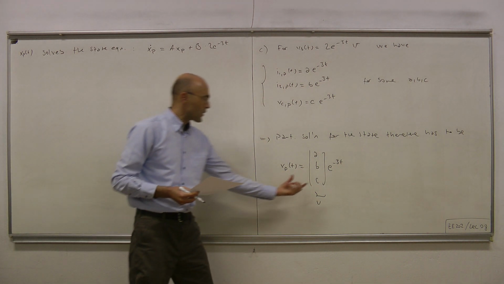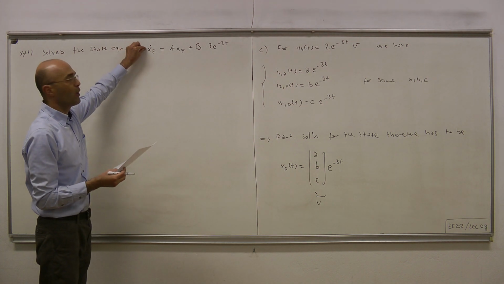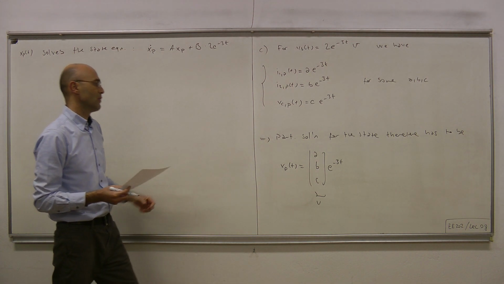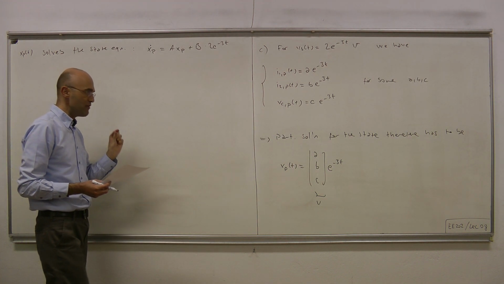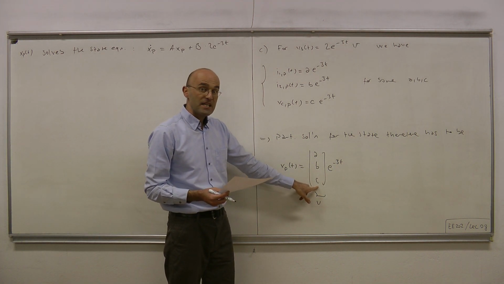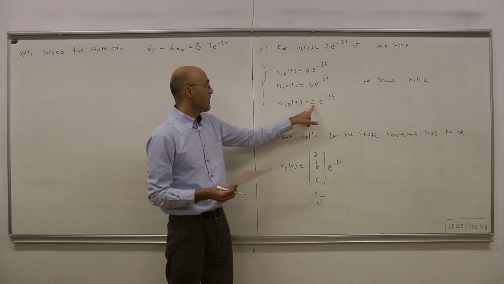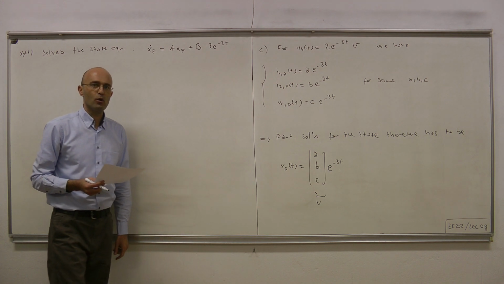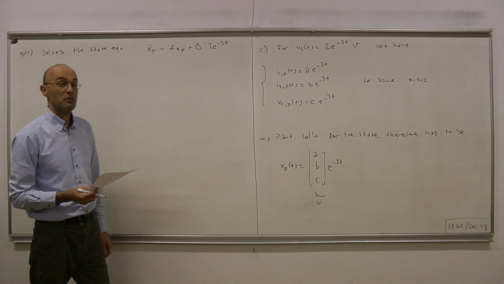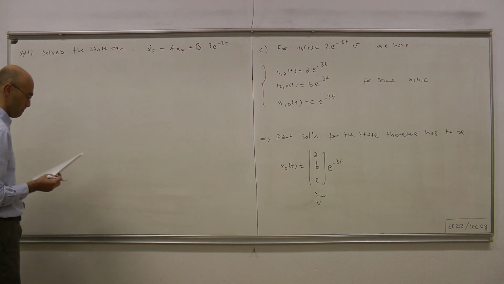Now, let's take our candidate and plug it into our state equation, and that will hopefully give us what that vector v is. And once we have that vector v, we can pick C, its last entry, and then this will be our particular solution for the capacitor voltage, which was what we were asked in the first place.